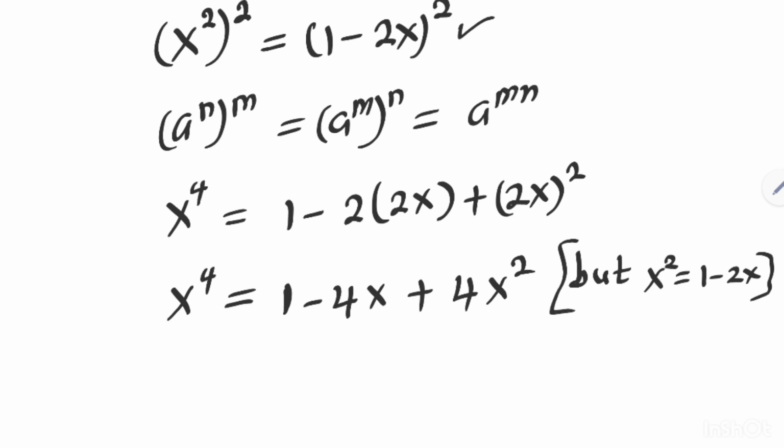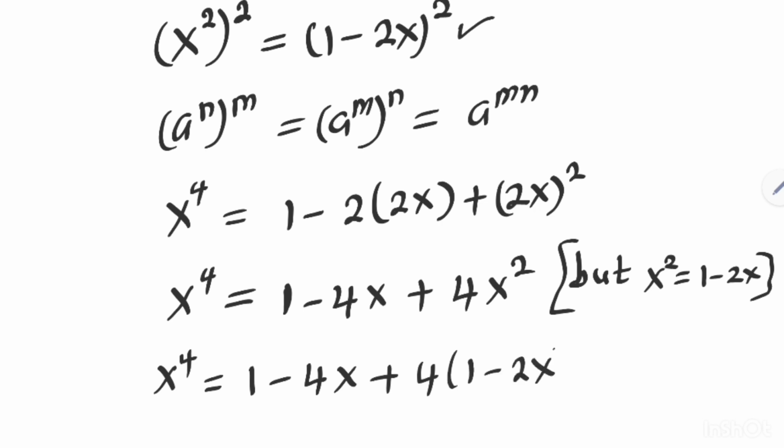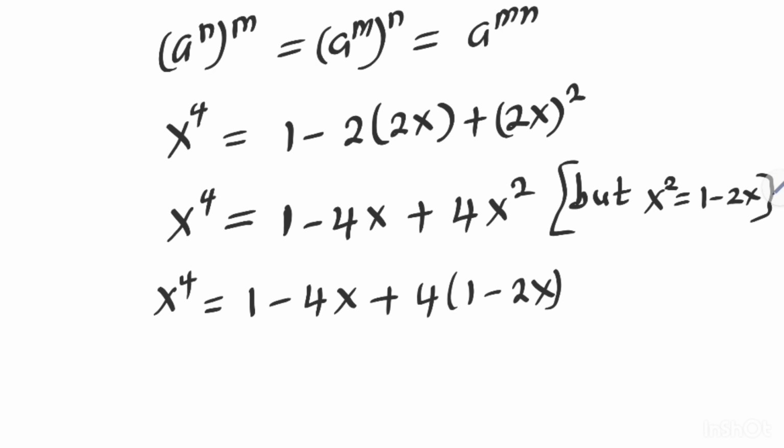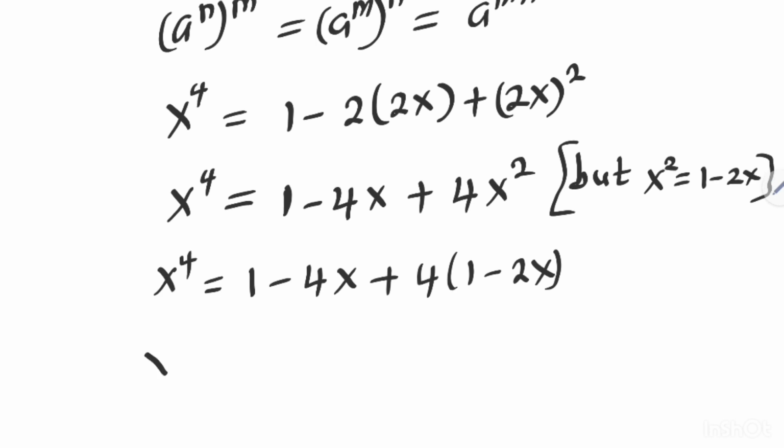Then x raised to power 4 is equal to 1 minus 4x plus 4 bracket 1 minus 2x.